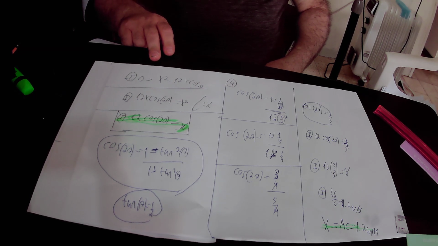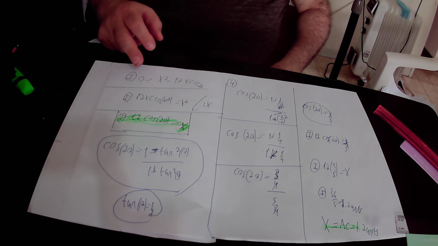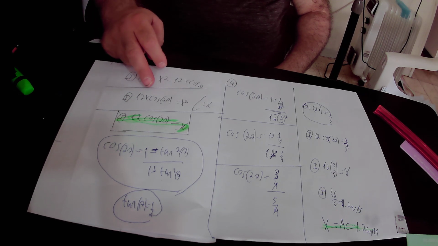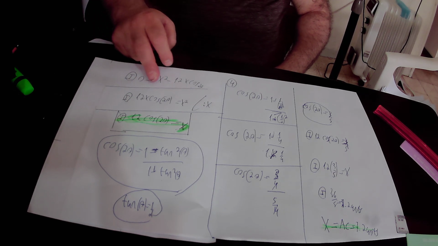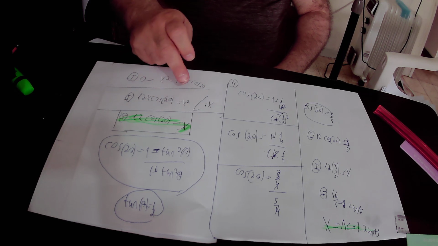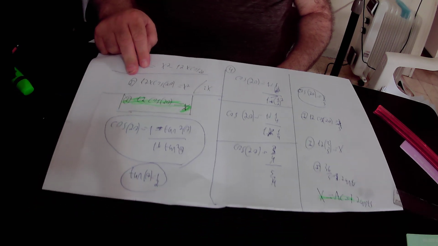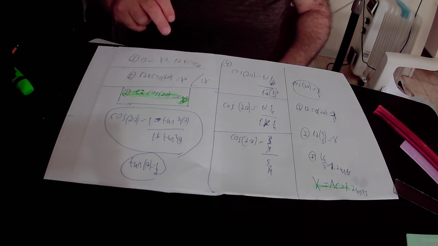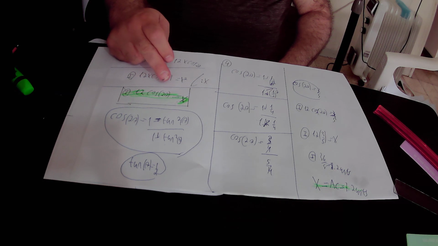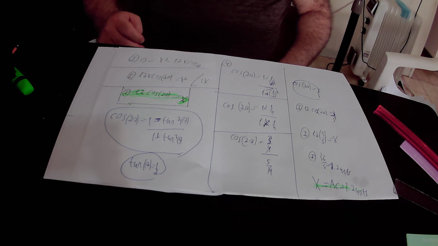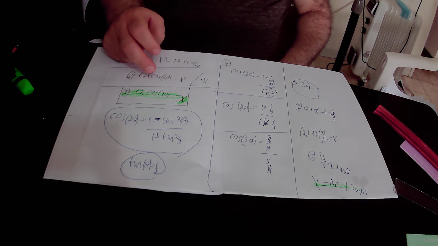We divided by x, so x cancels on the left side, leaving 12 times cosine 2 theta, and x squared over x is x. So 12 times cosine 2 theta equals x. To find the value of x, the only thing left is to find the value of cosine 2 theta.